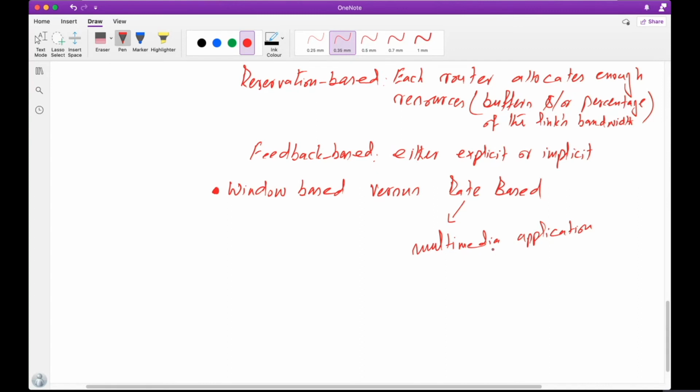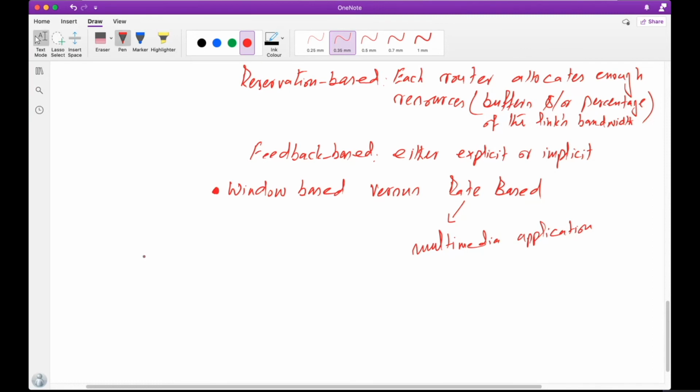So if we are dealing with multimedia applications, a resource allocation mechanism can use this rate-based feedback mechanism to control the sending rate of an application, right? And we are interested in rate-based for multimedia applications because they want at least some minimum throughput to be useful.